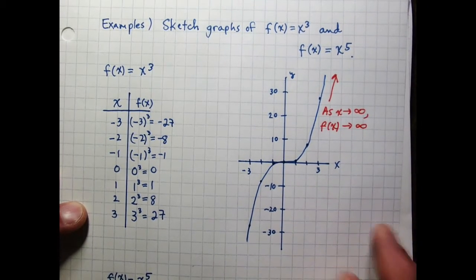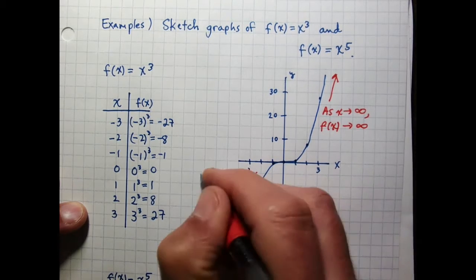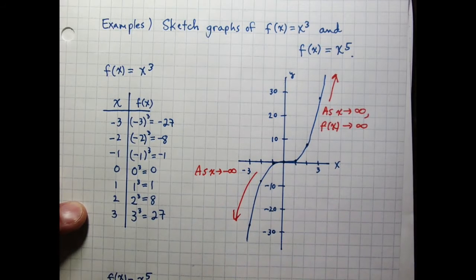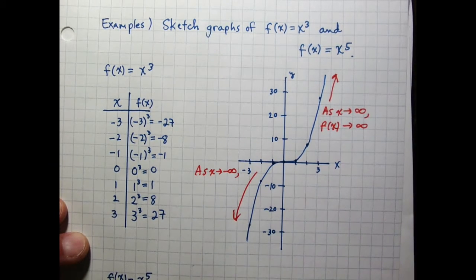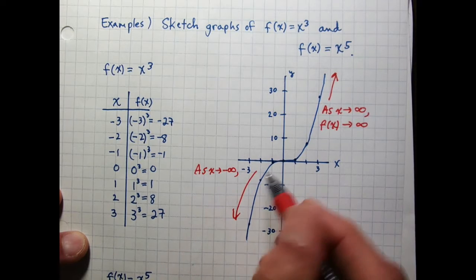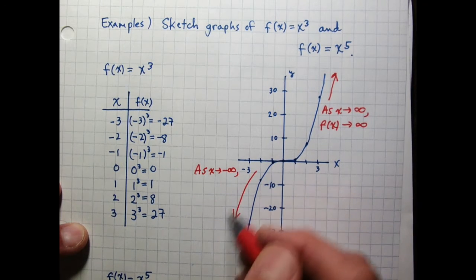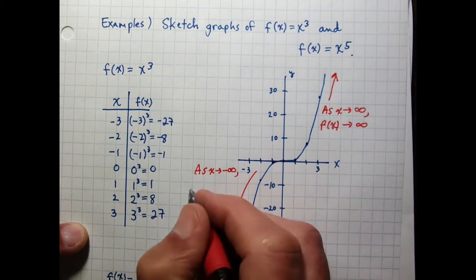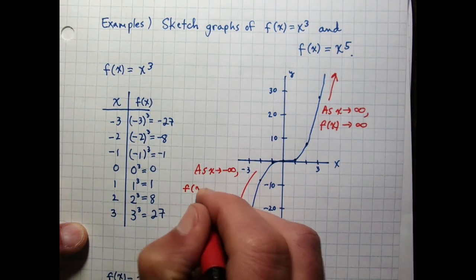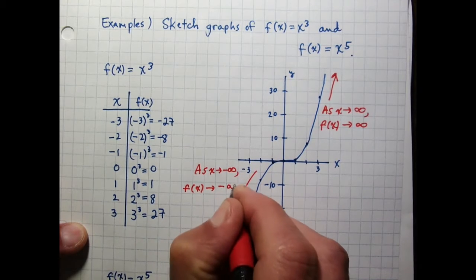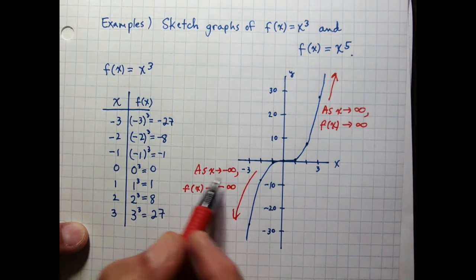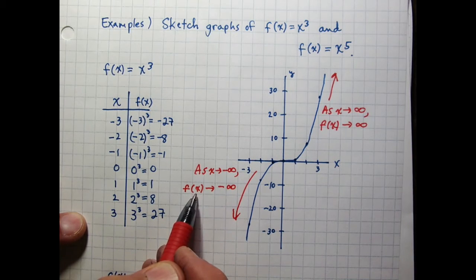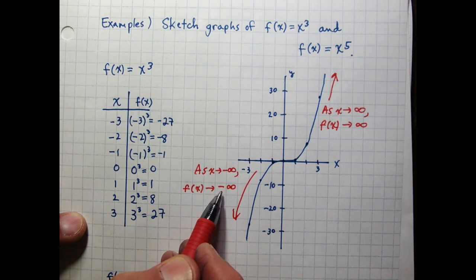But the end behavior as x approaches minus infinity is not the same as even powers of x, because as x approaches minus infinity, the y values become very, very negative without bound. And so we say f of x approaches minus infinity. So as x gets very, very negative, the y values of points on the graph also get very, very negative.